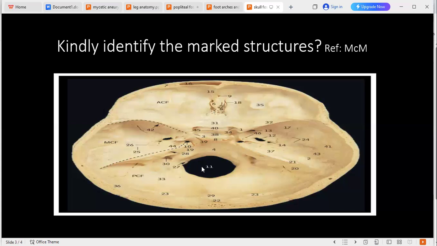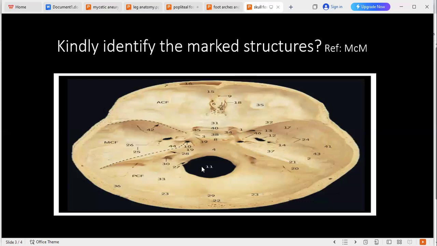Then, if you can tell me which ones are single and which ones are paired. From the start, superior sagittal sinus. Is it paired or unpaired? It's unpaired. So there are 4 unpaired and 6 paired.